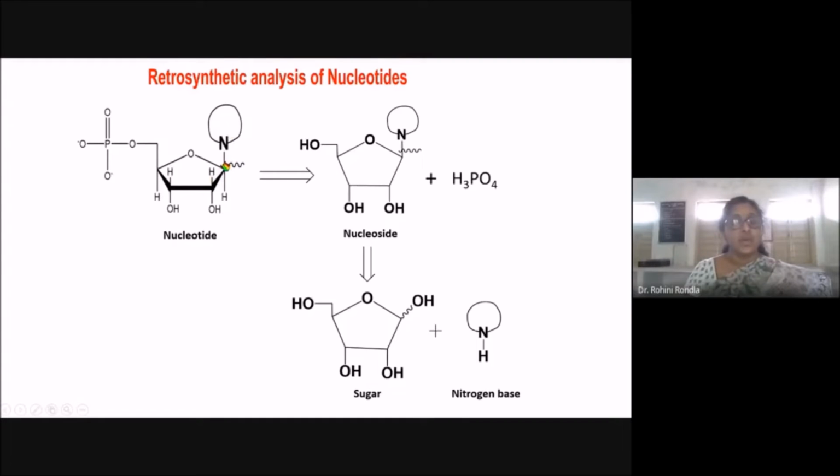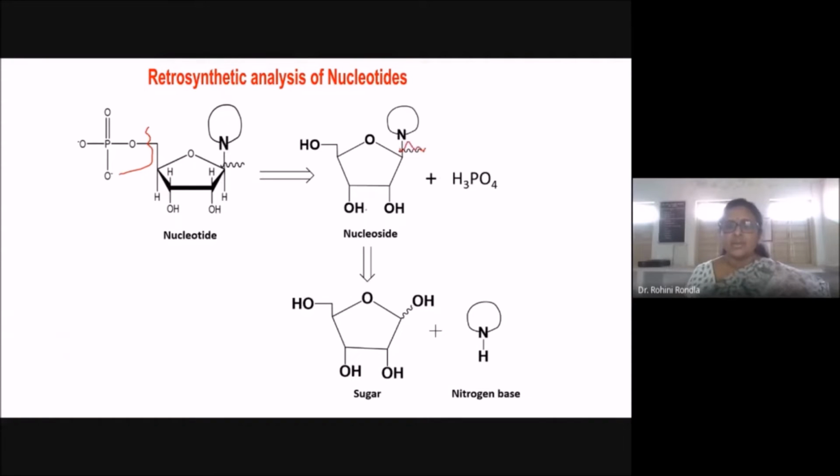We have done these. Now the final step is how to add this phosphate group. Just imagine the basic fragments. Just imagine a wavy bond here, breaking. Breaking of this unit gives H3PO4, phosphoric acid, and we will get the nucleoside.